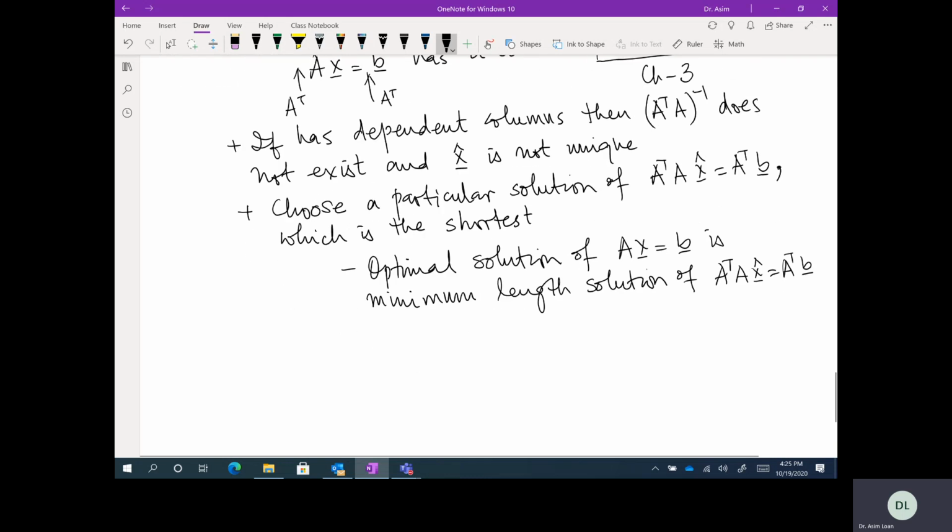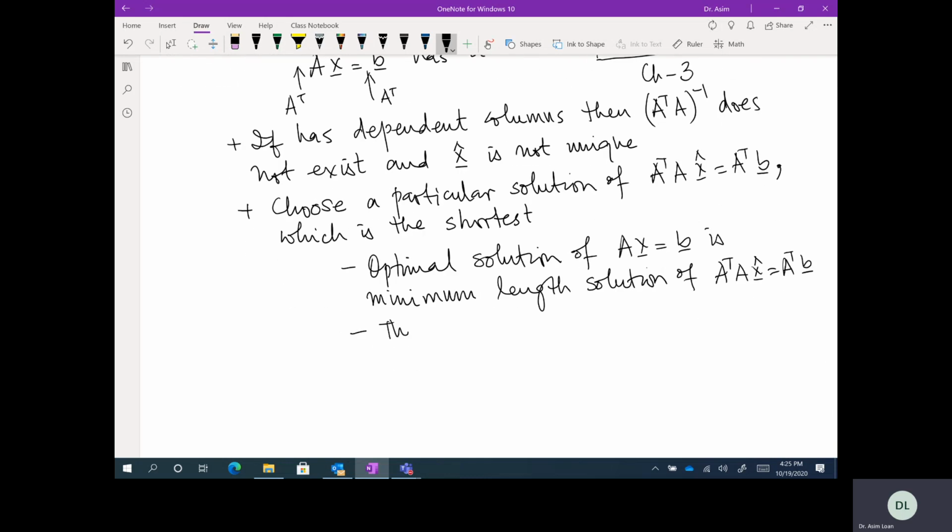And this minimal length solution is called X plus.